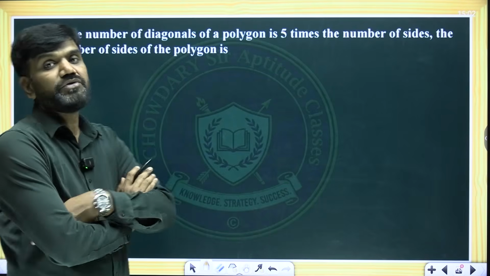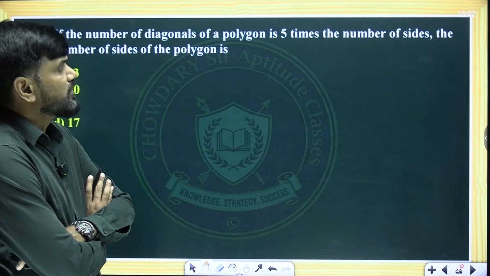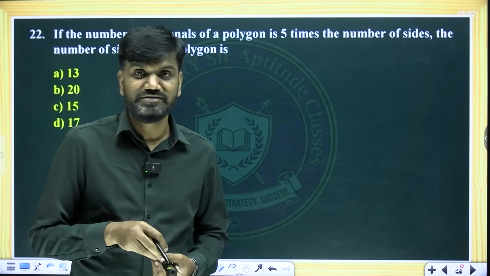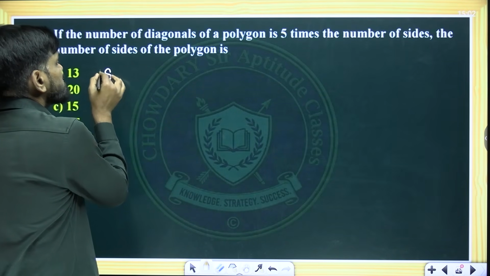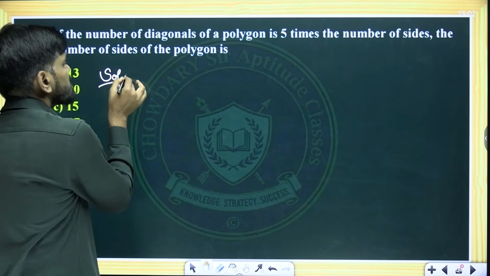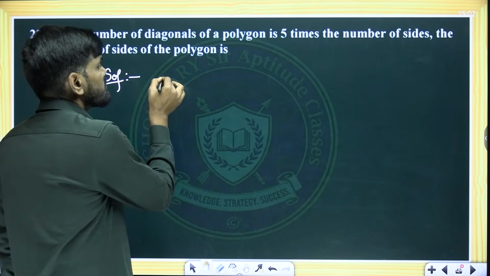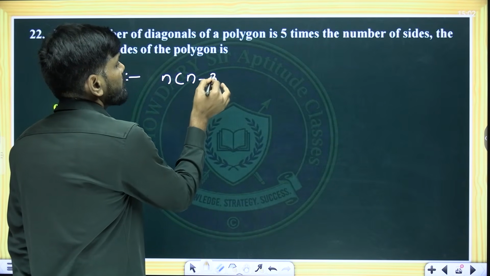Next, problem number 22. If the number of diagonals of a polygon is 5 times the number of sides of that polygon, find the polygon. So here they are giving you the relationship between the diagonals and the sides. The number of diagonals is n into n minus 3 by 2.